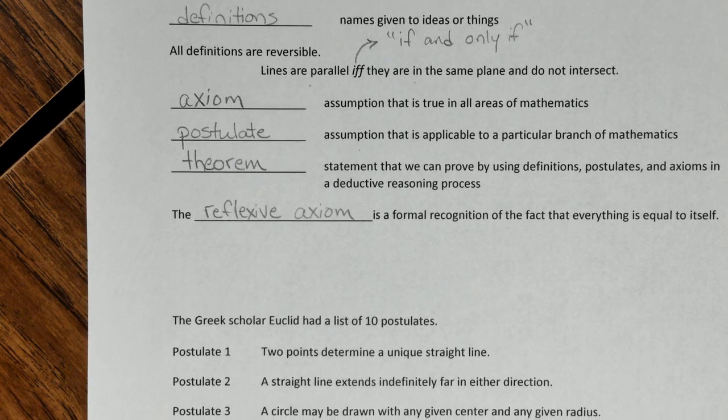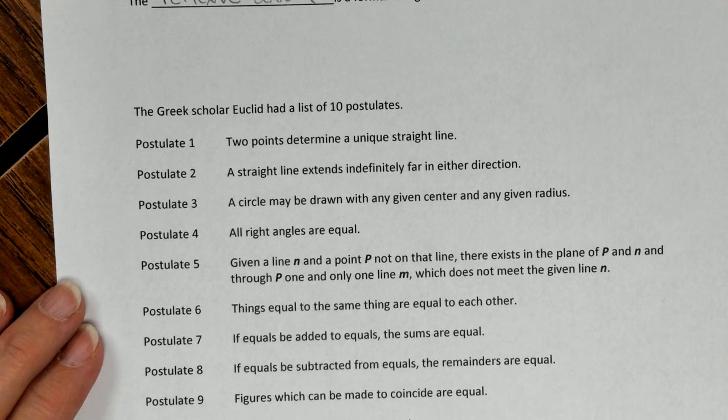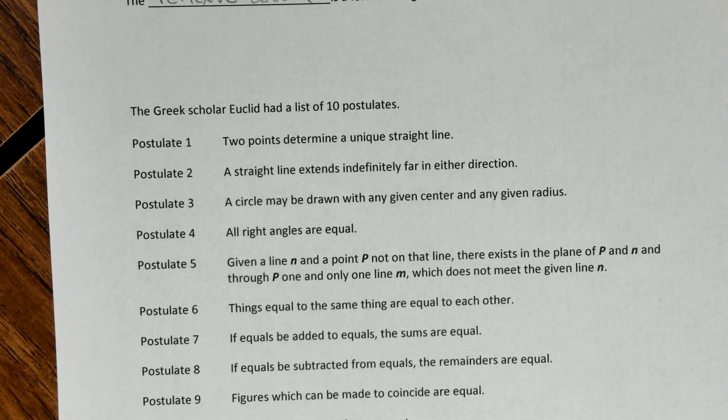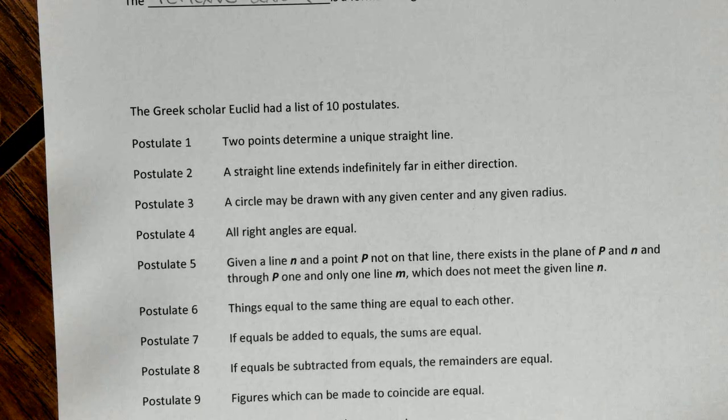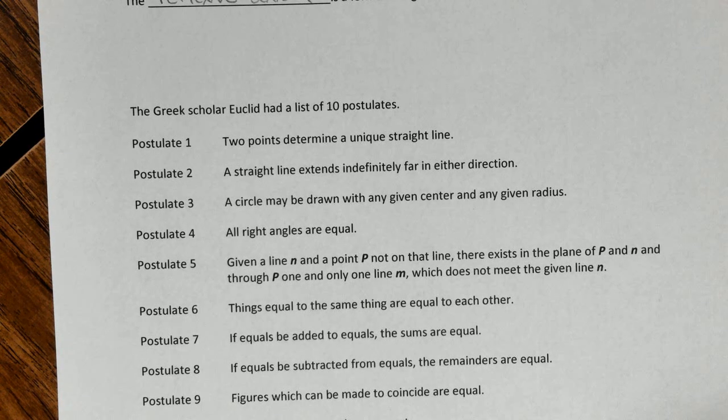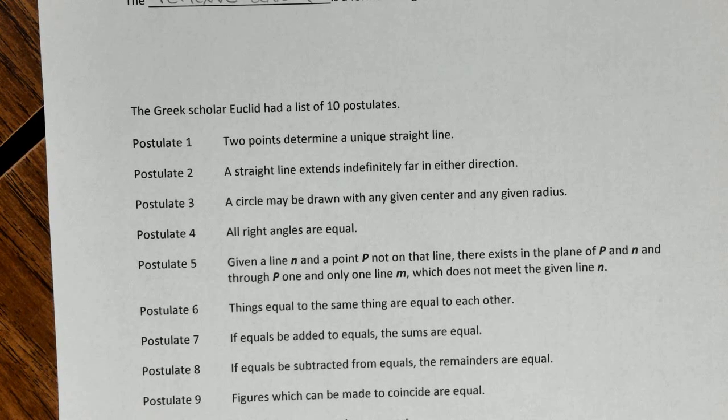Okay? Now, here are 10 postulates that Euclid came up with. Actually, he had whole books of things, but these are 10 that are very, very useful. A lot of them you're going to think are just duh statements, because again, they're postulates. They're assumptions we make. We just know that they're true. Postulate 1, 2 points determine a unique straight line.